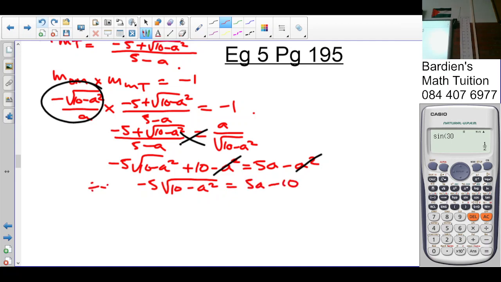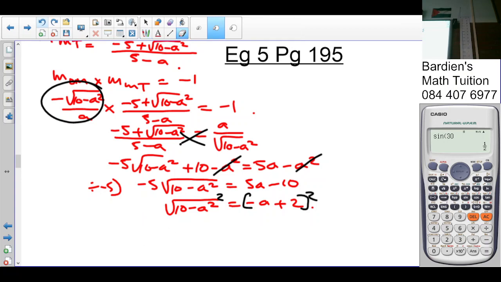Now divide by negative 5. So you will get the root of 10 minus a squared is equal to minus a plus 2. Now as we know the root is isolated, so square both sides. It is going to be 10 minus a squared is equal to a squared minus 4a plus 4.